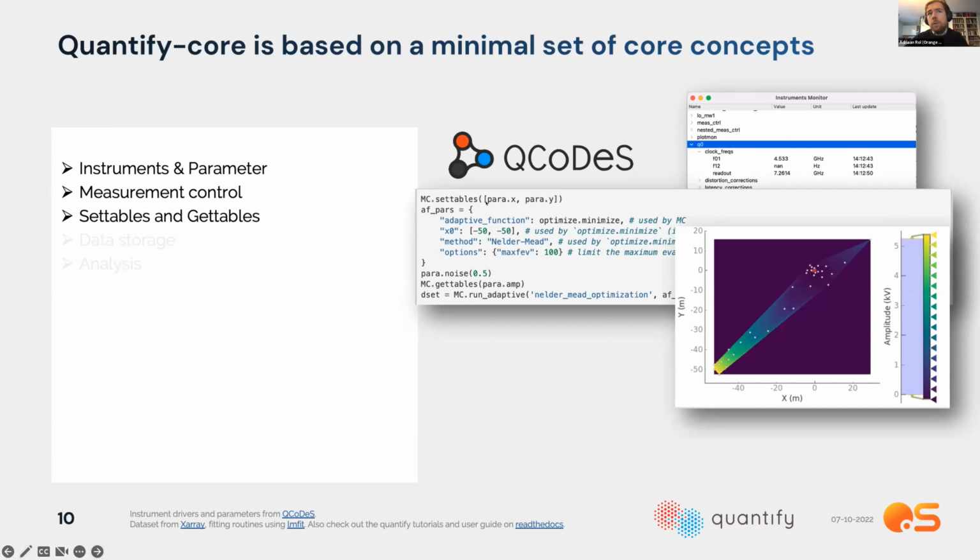We're saying we want to vary parameter X and parameter Y, and you can see the live visualization coming in. We want to run, in this case, a Nelder-Mead optimization. We specify the adaptive function we want to use and the arguments to pass to this method, and then we're running a minimizer on it. I'll be showing you a live demo of this in a bit, but this example is here just to highlight that this is possible.